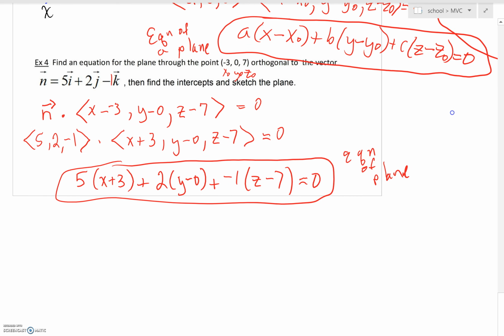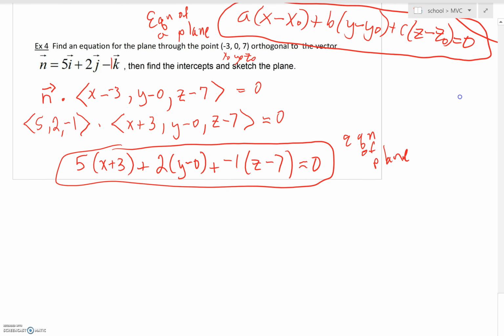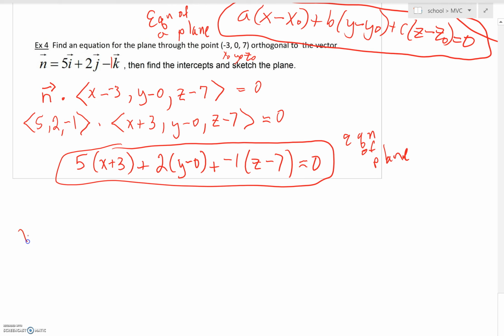But then we can wonder about finding intercepts. To find our x-intercept, let y equal 0 and z equal 0. So I have 5 times x plus 3, 2 times 0 minus 0, and then our negative 1 times 0 minus 7.